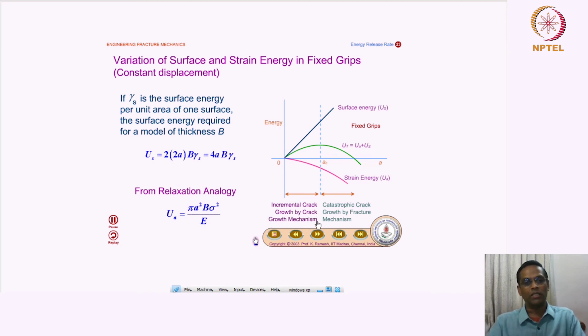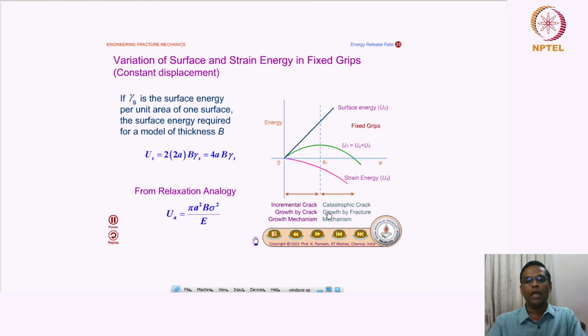We have looked at several crack growth mechanisms, but any one of them can be involved in growing the crack to a_C. So it gives a very important idea, the critical crack length. The idea of critical crack length is provided by this relaxation analogy concept, basically the energy release rate concept.